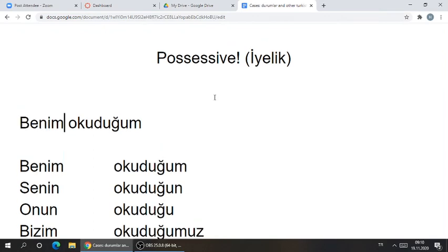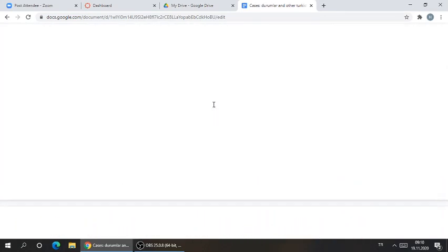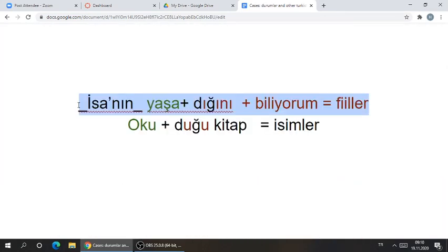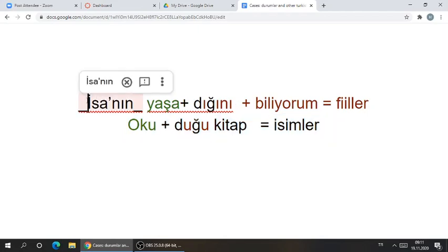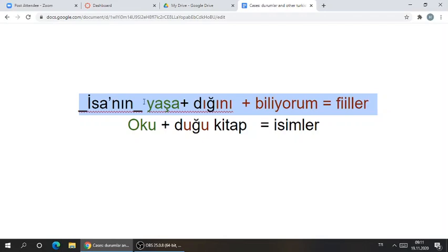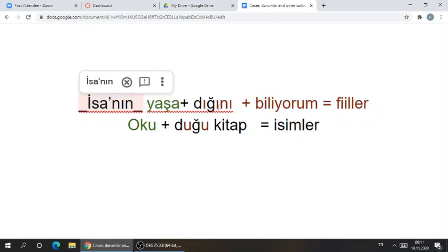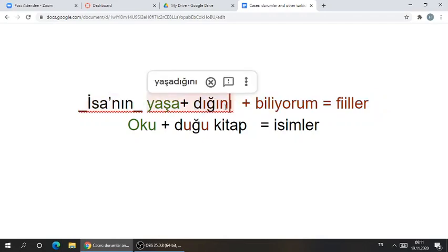That'll be it for this video. Just like I said, we went over verbal nominalizations with verbs. In the next video, we'll go over verbal nominalizations with nouns. Just to summarize what we've talked about in this video, we talked about the meaning and the form, how you formulate this, that it needs possession, it needs a verb, it needs duk, and sometimes a buffer letter, but it needs to be possessed here.